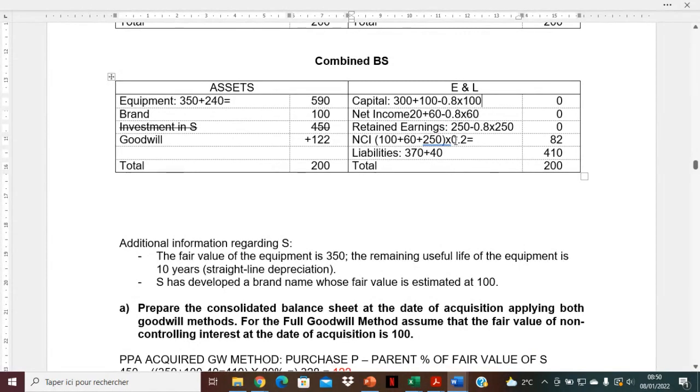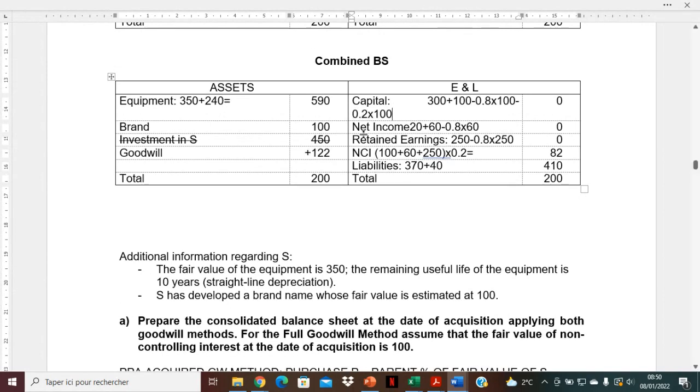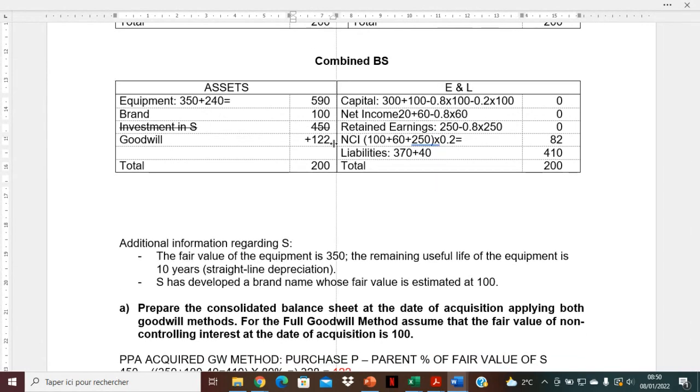And these corresponding amounts, the 20% of the three lines, are taken out of the upper level. So I take 20% of 100, 20% of 60, and also here I take 20% of 250.